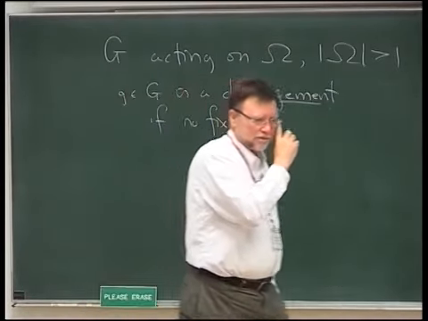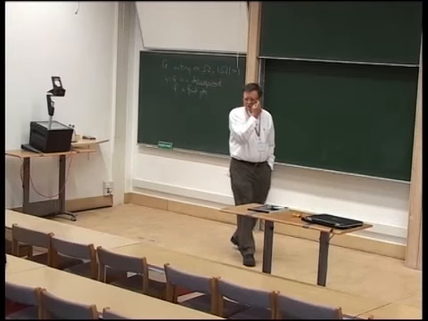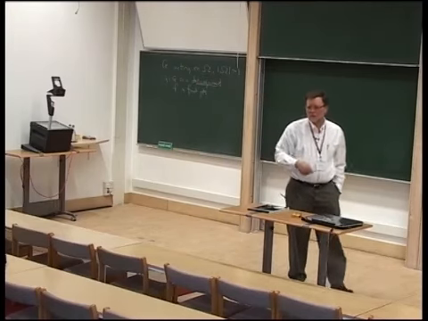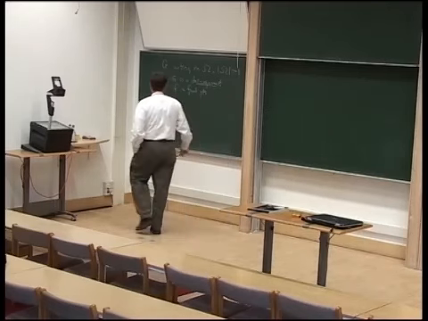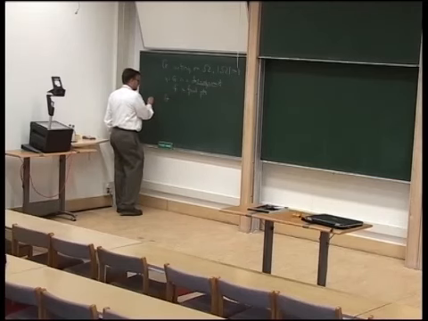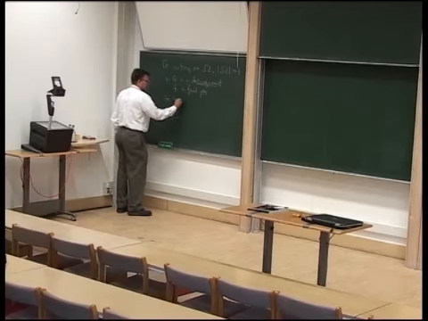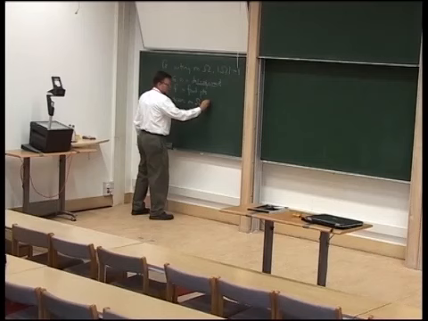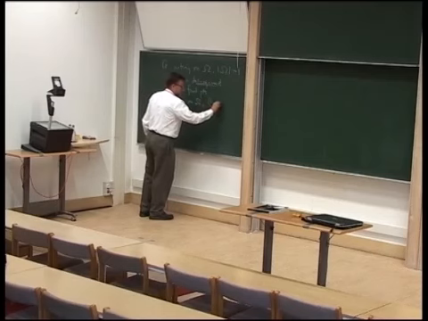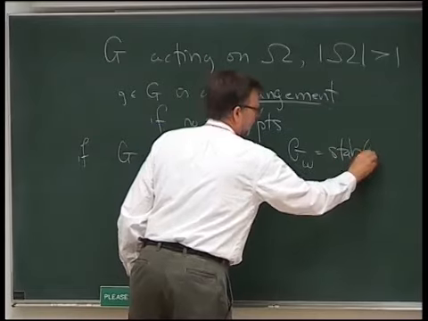And of course, one of the oldest theorems in group theory is that if you have a transitive finite group, there exist derangements. So most of the time, we'll assume that G is transitive. Let's pick the stabilizer of omega, G_omega.